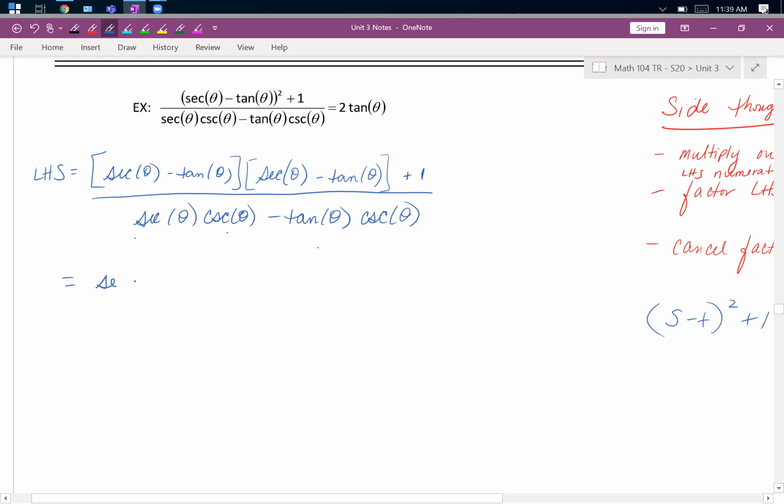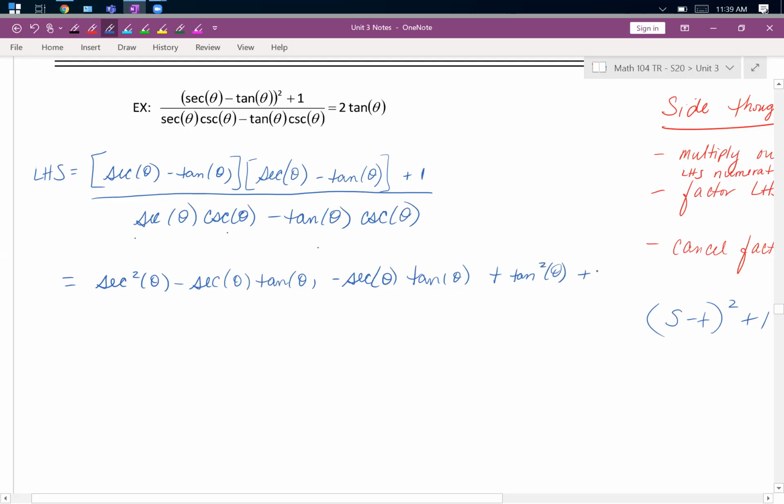Multiplying, we're going to get secant squared minus secant tangent minus another secant tangent plus tangent squared.